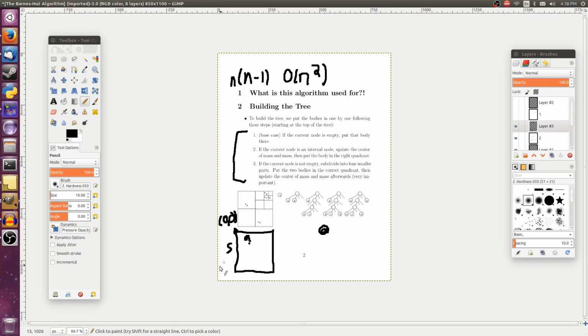And if we unitize our space, then we would say the initial side length is just 1. Each node is going to contain the physical information, the mass and center of mass, and also its position information, so its absolute location in space, and then the side length. Note that we don't have to specify all 4 corners of the square.